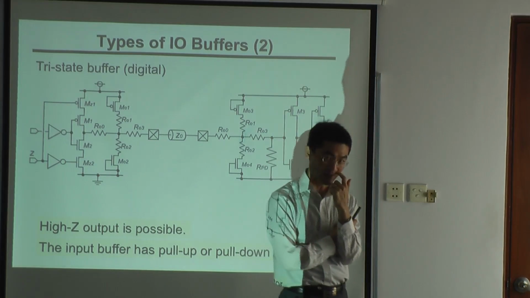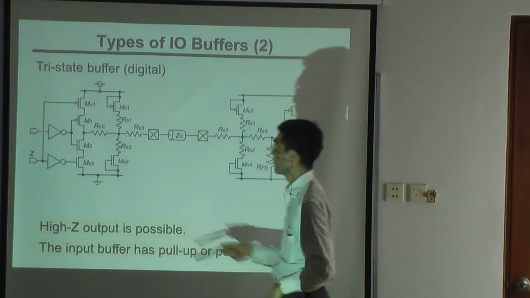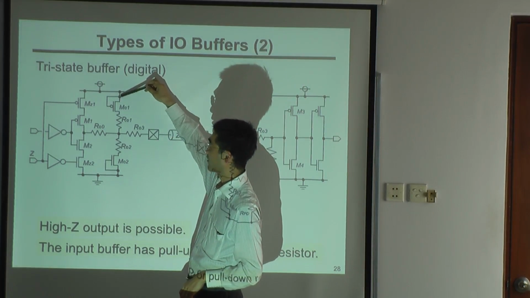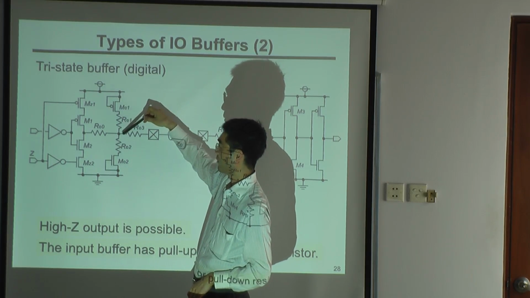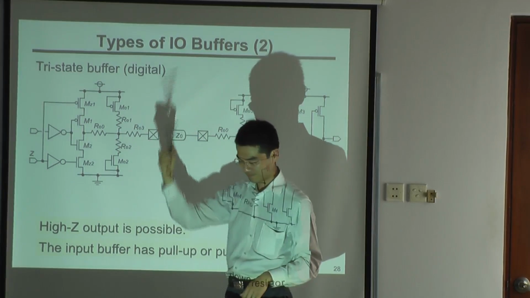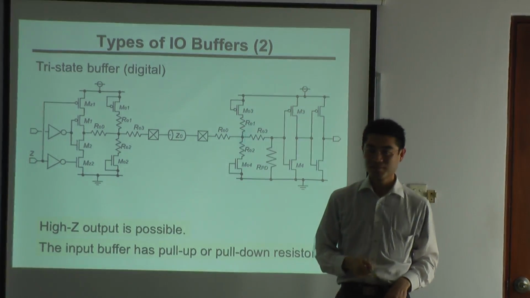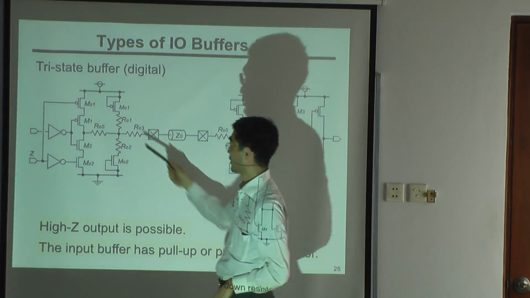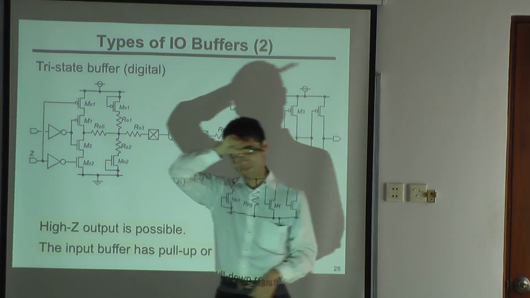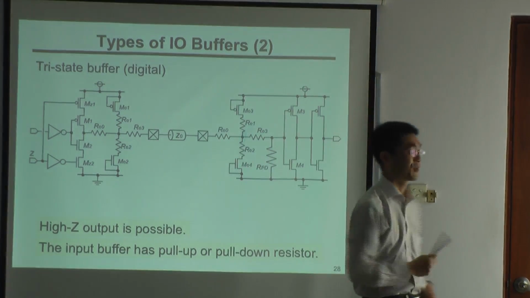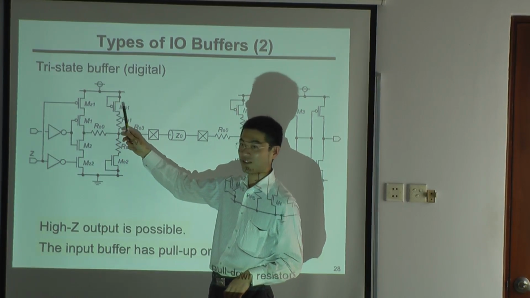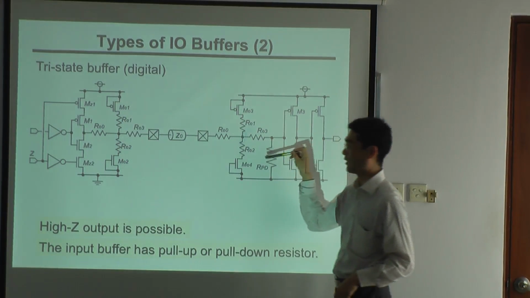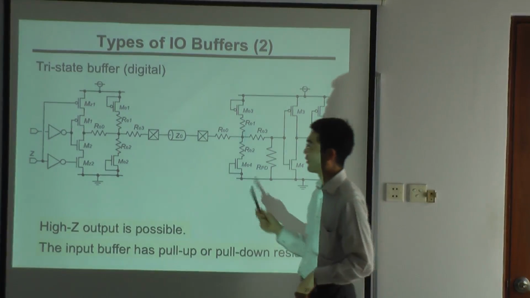For a power amplifier, we have a coil here, and we have capacitance, and we have a coil for the sender side, and also on the receiver side.